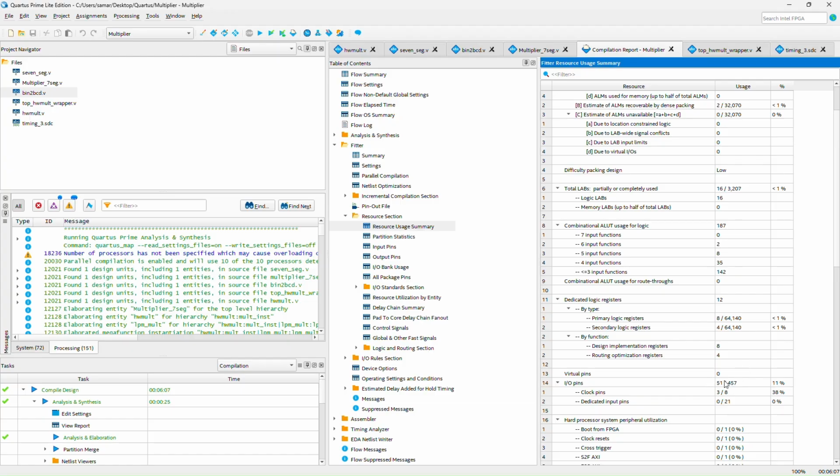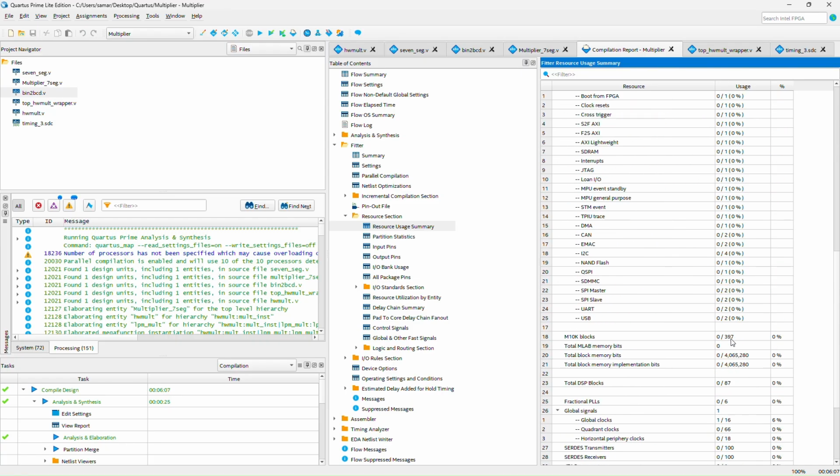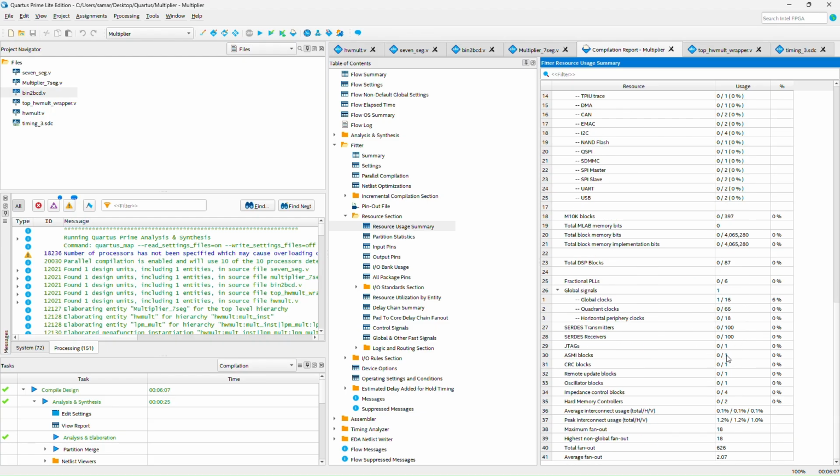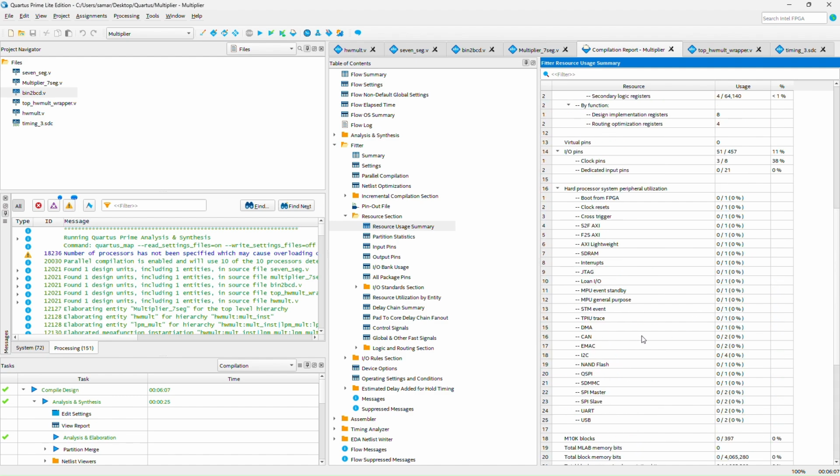Now there are 51 pins being used. It's very high because I've also hard coded the other LEDs and the other 7 segment displays, so those are also considered as pins, which is why it shows high usage of pins. The number of DSP blocks used is 0, and the memory used on the board is 0.